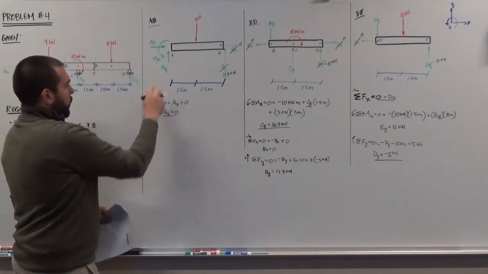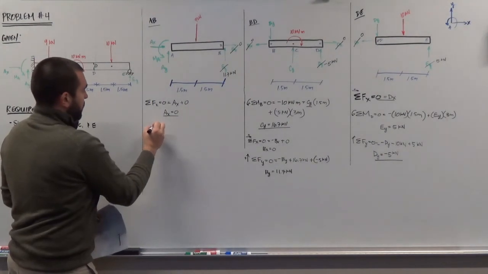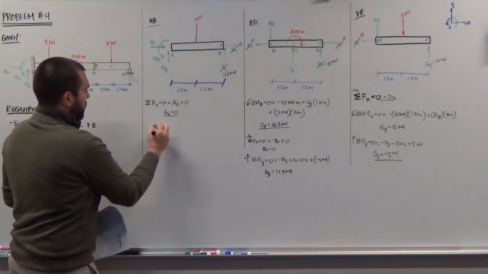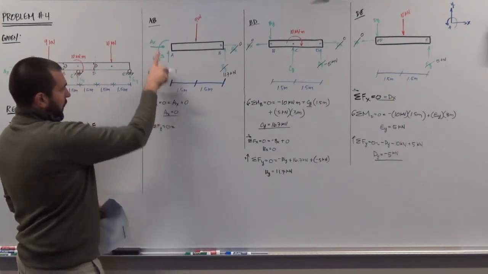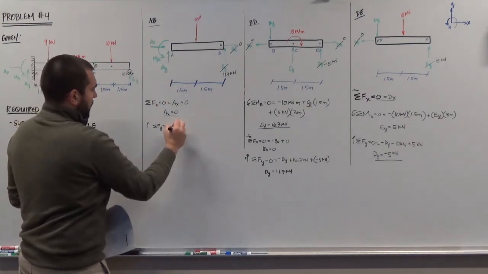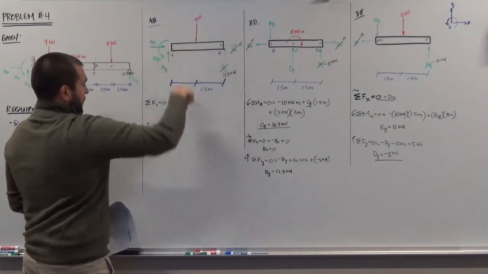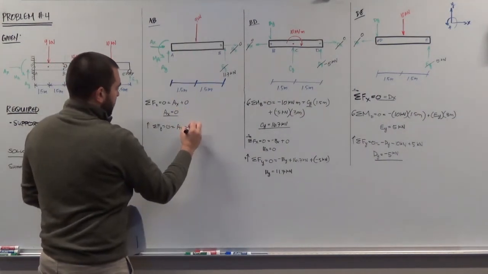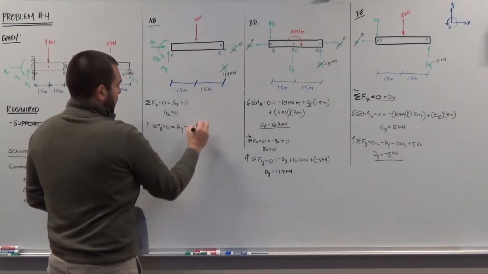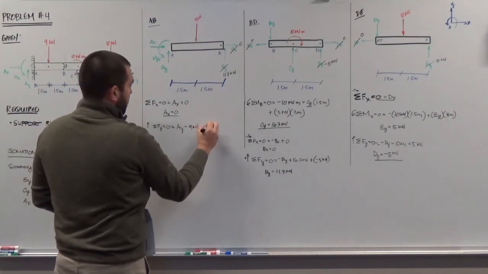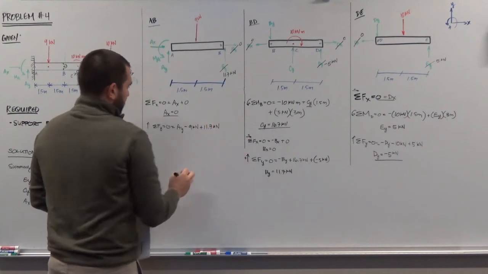Likewise, if I want to get Ay, I'm just going to sum the forces in the y direction equal to 0, and I will get Ay going up, which is positive, 9 kilonewtons going down, which is negative, and then 11.7 kilonewtons going up, which is plus 11.7 kilonewtons.